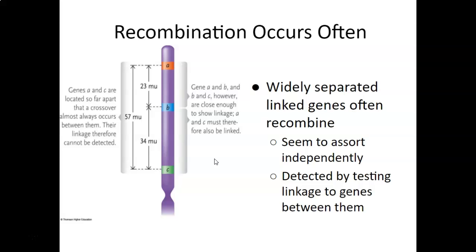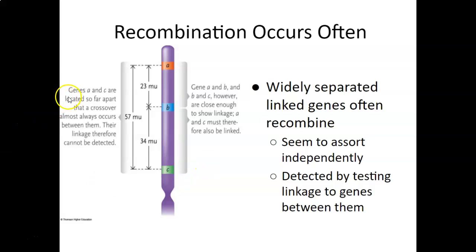When you're doing this, you have this idea that, again, if they're widely separated, they're going to often recombine, and so they will seem to assort independently. And so you would figure out if things are linked by testing the genes between whatever ones you are looking at.